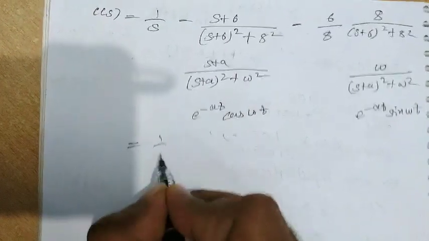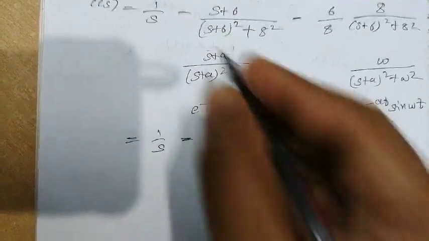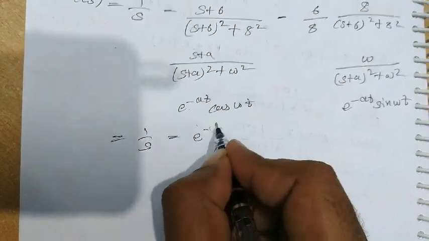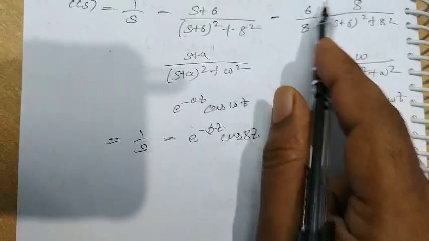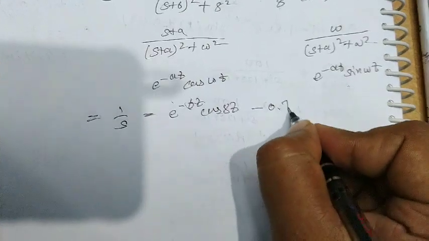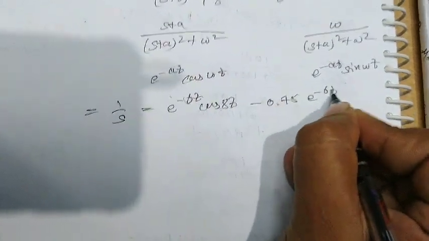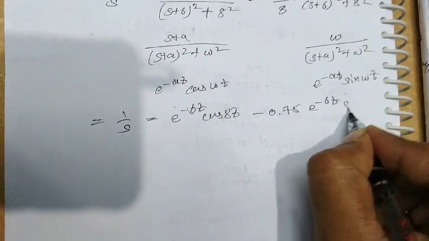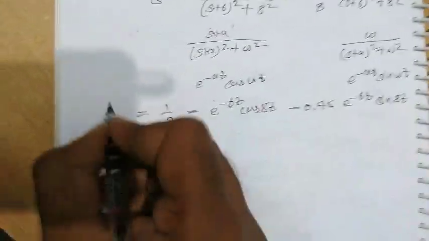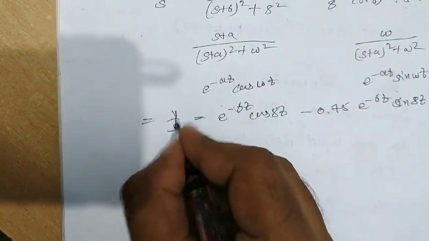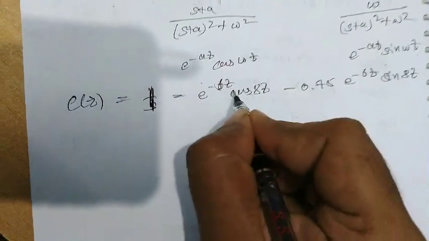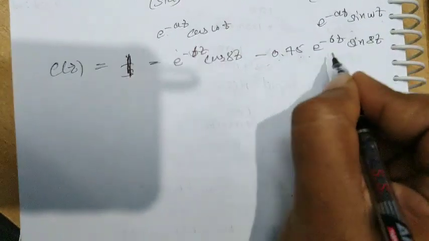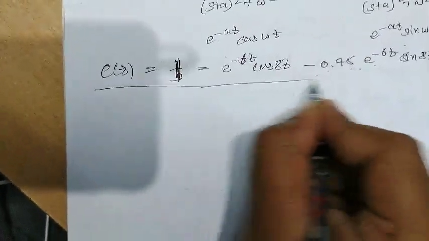I'll get 1 by s minus e power minus 6t cos 8t minus 6 divided by 8, which is 0.75, e power minus 6t sin 8t. 1 by s gives 1. So my c of t is 1 minus e power minus 6t into cos 8t minus 0.75 e power minus 6t sin 8t. This is c of t, the final expression.